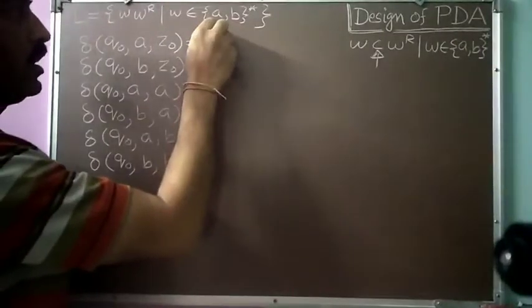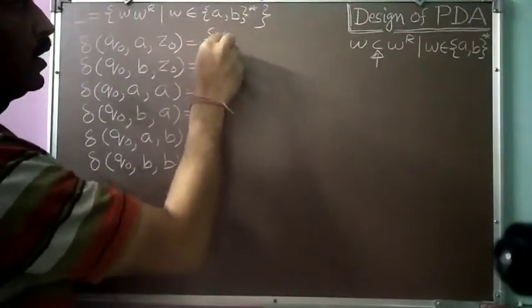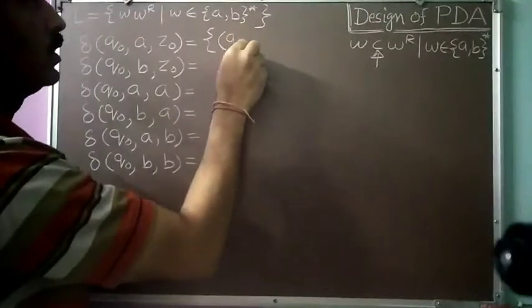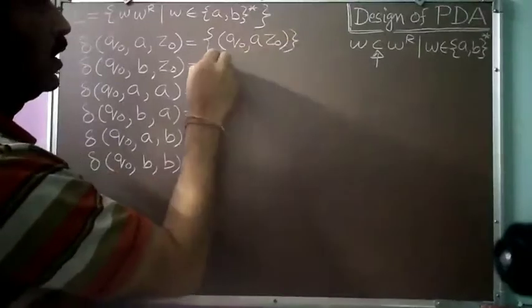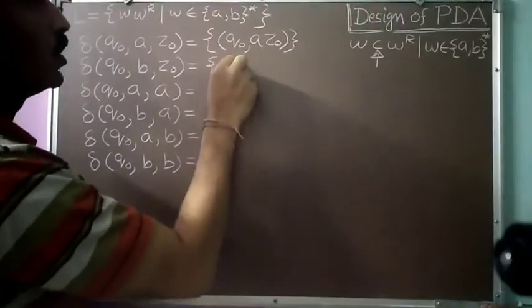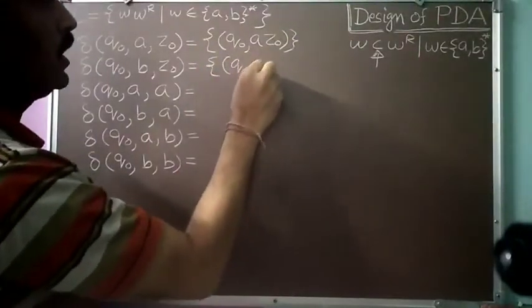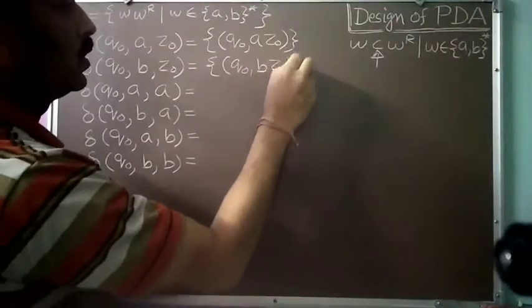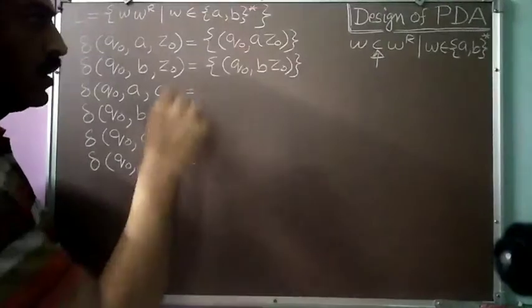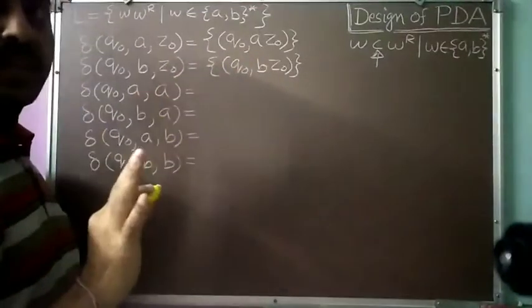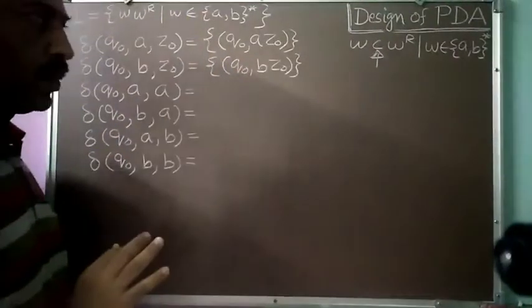So we write (Q0, A, Z0) and (Q0, B, Z0). Using either of these two transitions, we will push the first symbol of the input string.